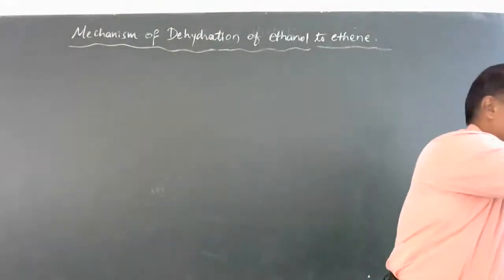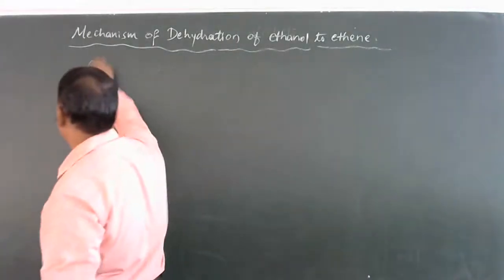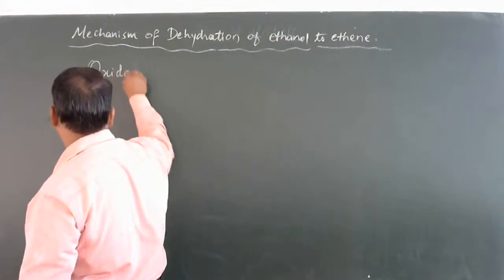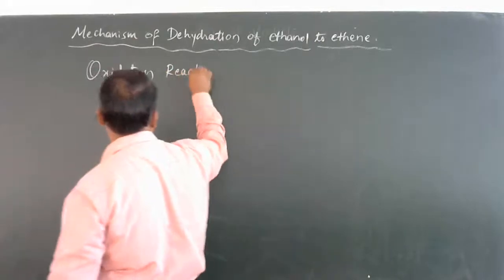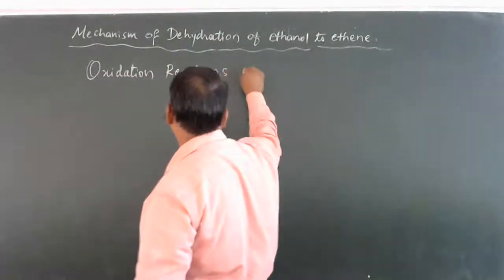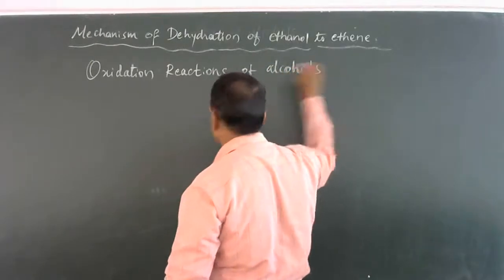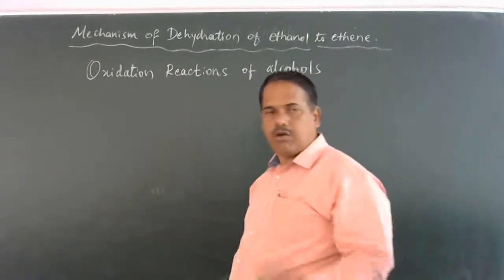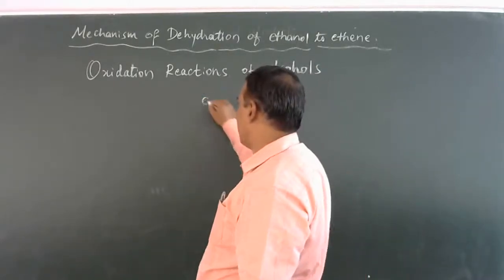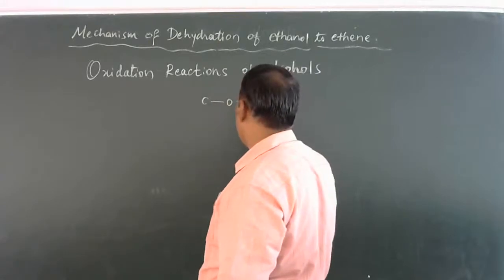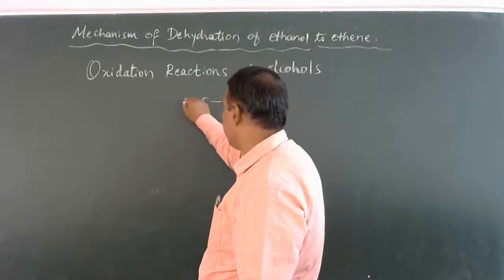A very important one. Oxidation reactions of alcohols. See, in oxidation, suppose carbon, then oxygen, then hydrogen. And again R, here one H atom is here.